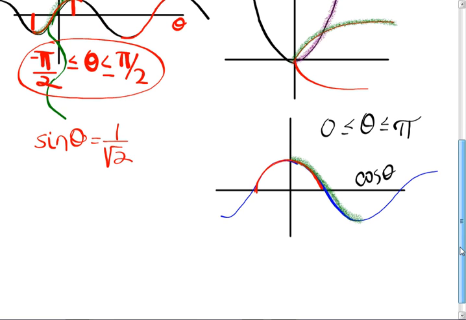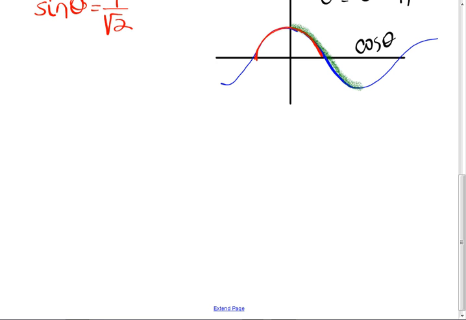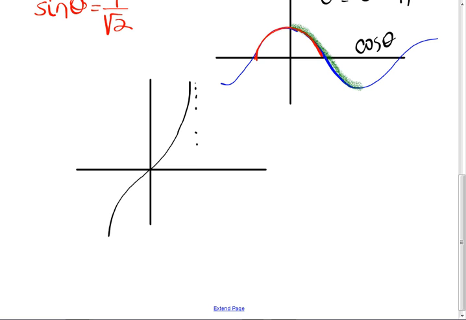Well, what about the tangent function? There are restrictions on that as well. But we can remember this easily. So here's the tangent function. And do you know where these asymptotes are? Pi over 2 and negative pi over 2.